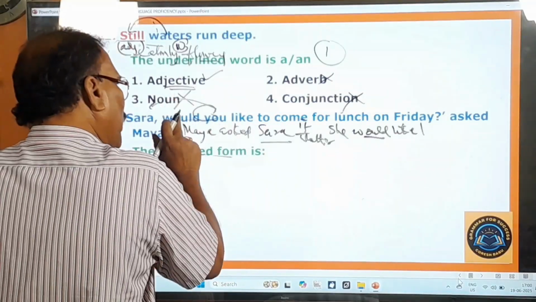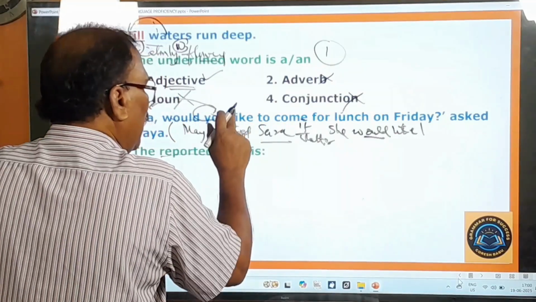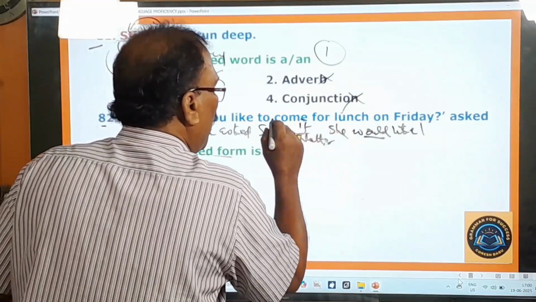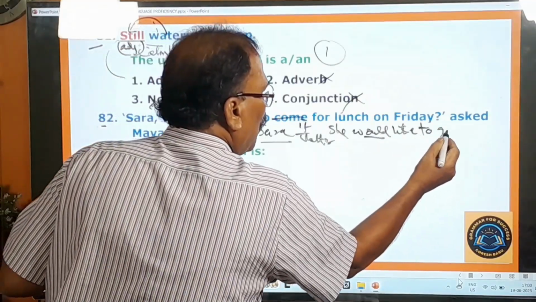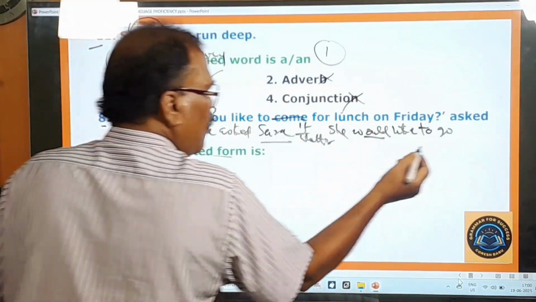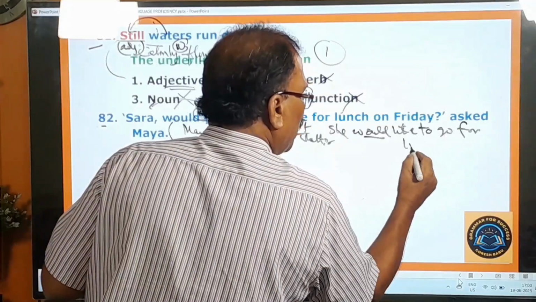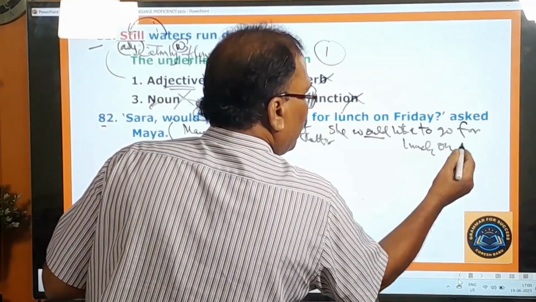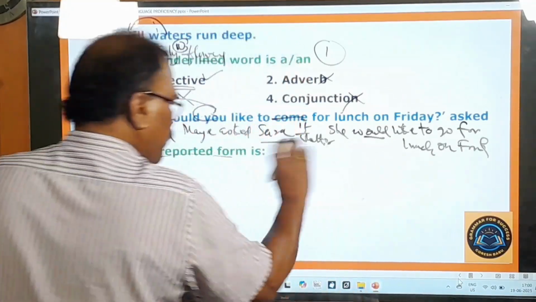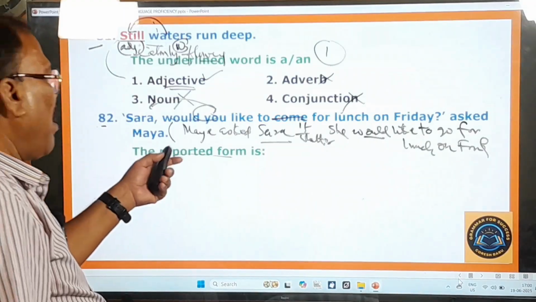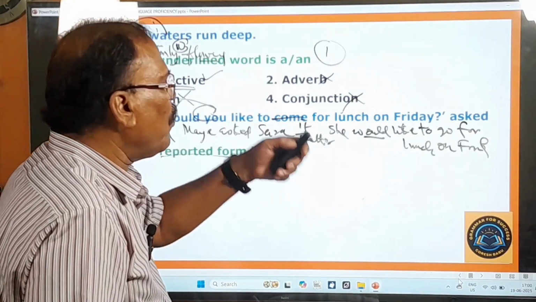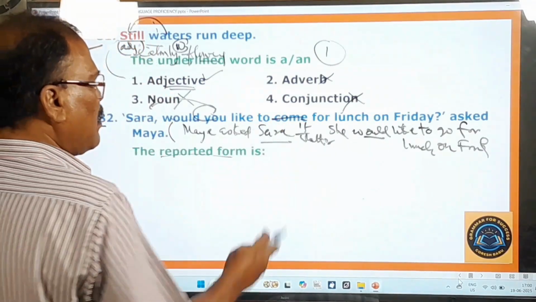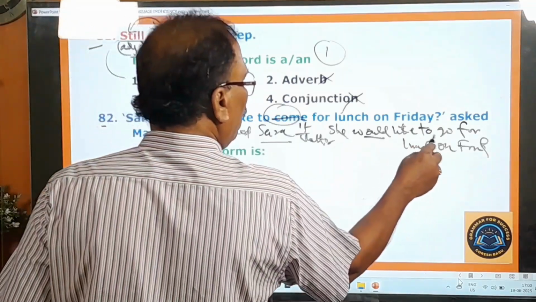If there is already would, you use would as it is. Then like should be used as it is. To come or to go. Come is turned into go. And here for lunch on Friday. So that must be your answer: Maya asked Sarah if she would like to go for lunch on Friday. Because this come should be turned into go.